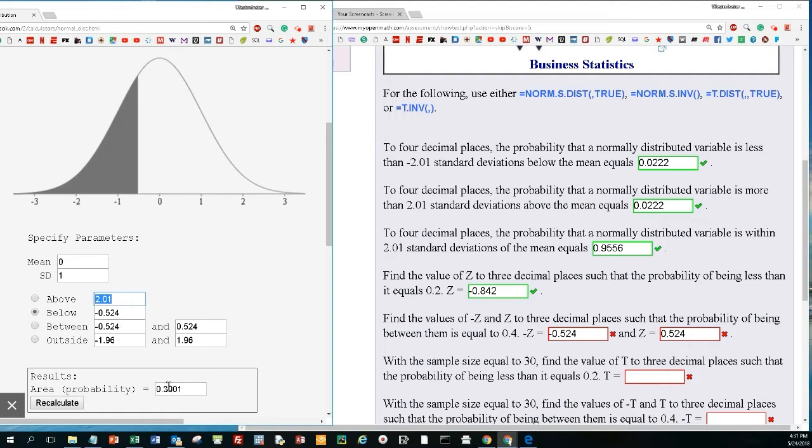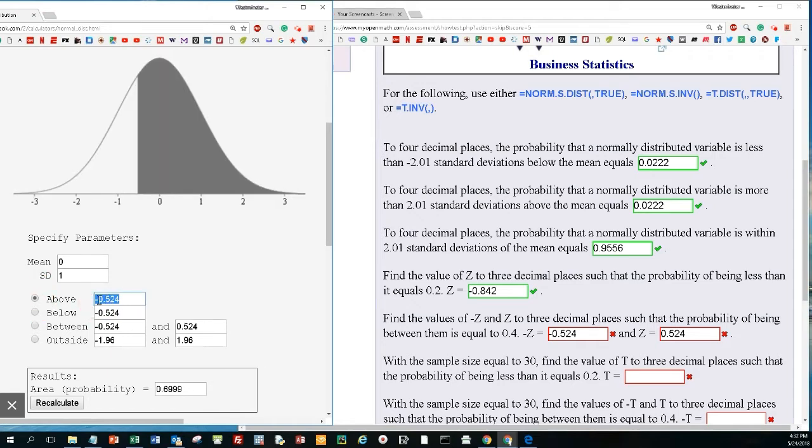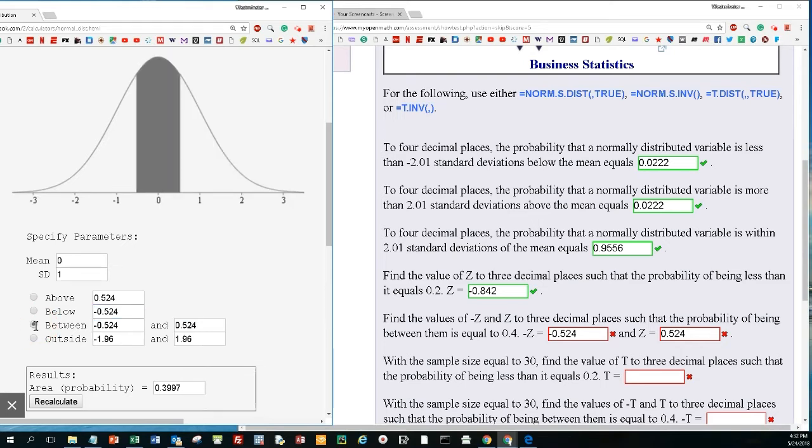So this agrees with Excel. Above is 0.3. So if I do this, I should get, yeah, okay. For some reason, we're working now. No, 0.4. It wasn't doing that before.